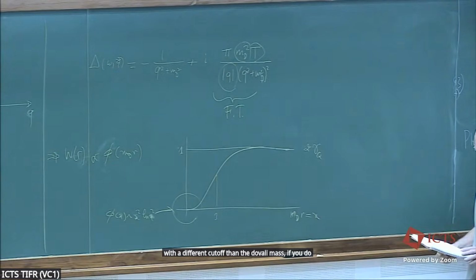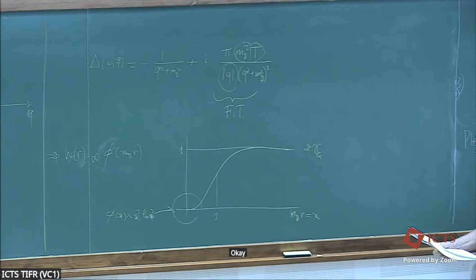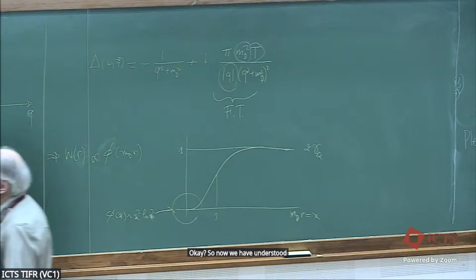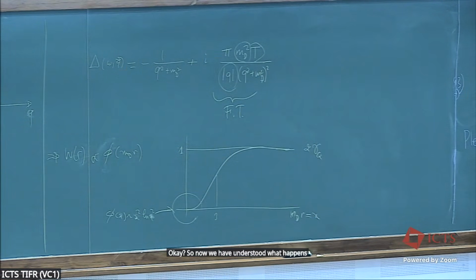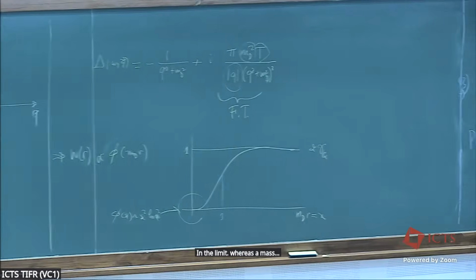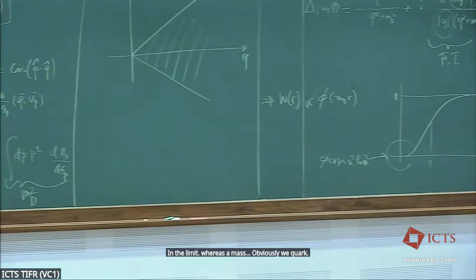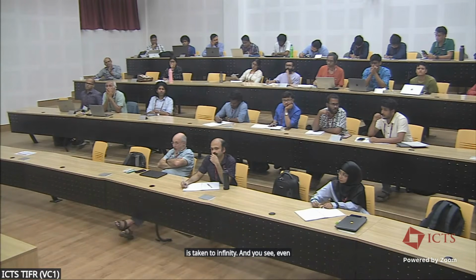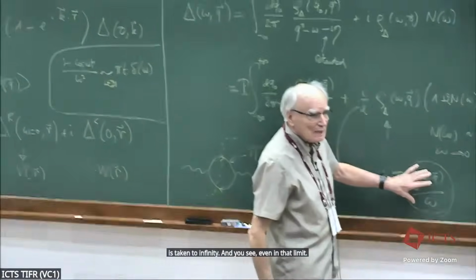So now we have understood what happens in the limit where the mass of the heavy quark is taken to infinity. And you see, even in that limit, there is non-trivial physics.